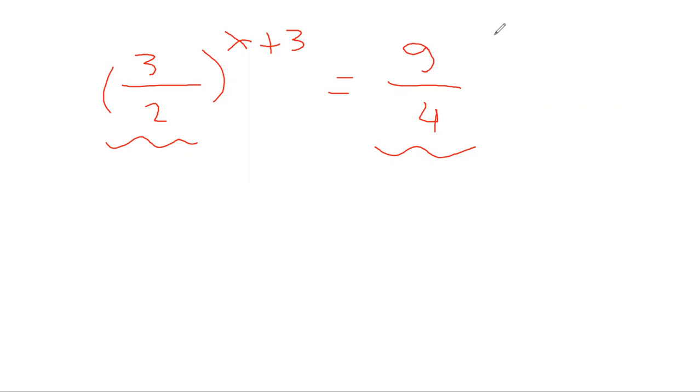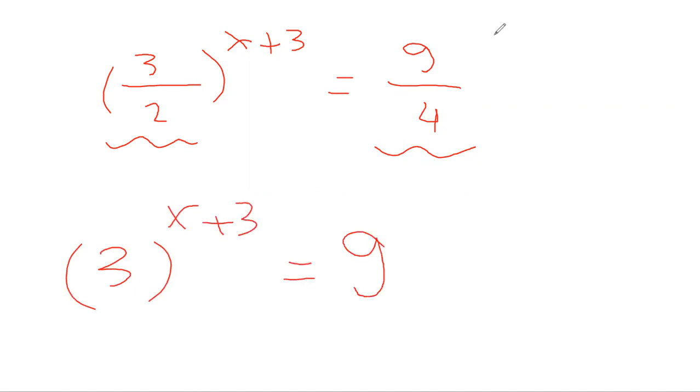Okay, leave this one now. Let's stay with 3 alone, power x plus 3. I told you, Hanna, equals 9. Can you make the bases equal? I remove the 9 and make it 3 power any number? 3 power 2 is 9. Yes, 3 power 2.